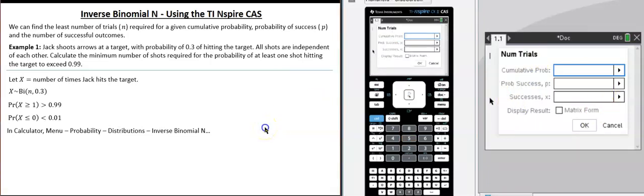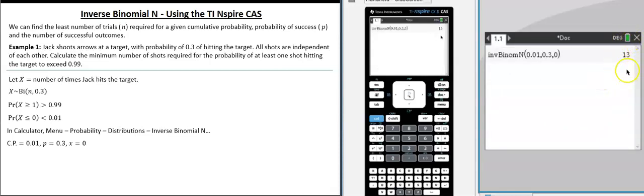Now, the information that I've been given in the question, I've written it again here for you. Our cumulative probability is 0.01. Our probability of success, that's what we're given in the question, is 0.3. And our number of successes is 0. That's from here where we rewrote our probability. We'll talk about matrix form in a moment.